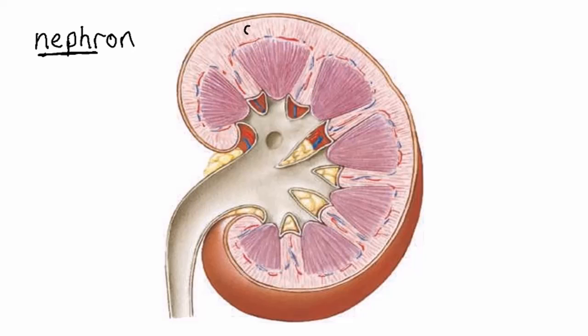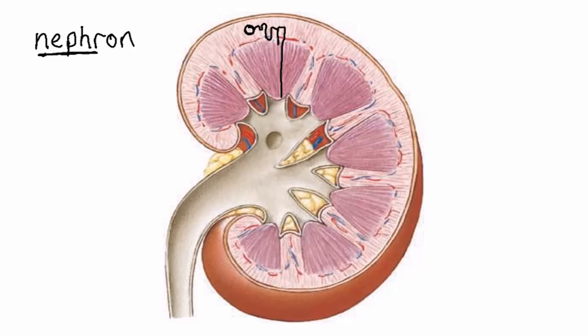There are these little balls, these little spheres, and they are attached to this loop-de-loop kind of thing that loops around and comes down, loops down, and then loops back up again, and then empties into a collecting duct.